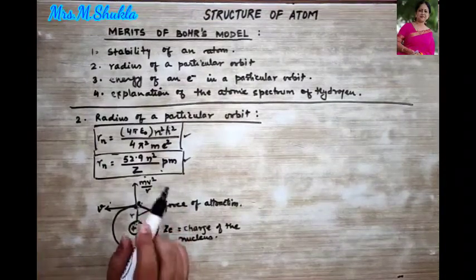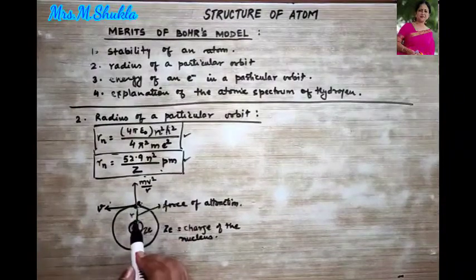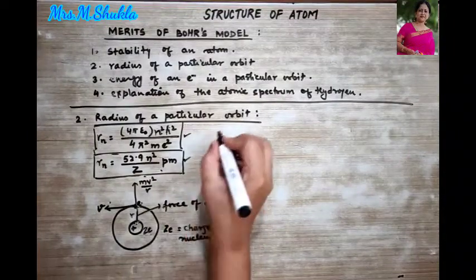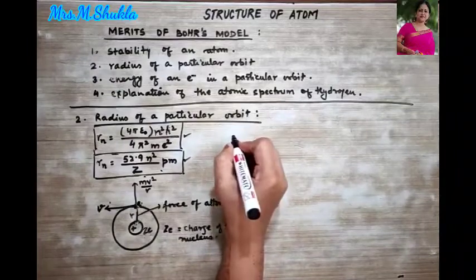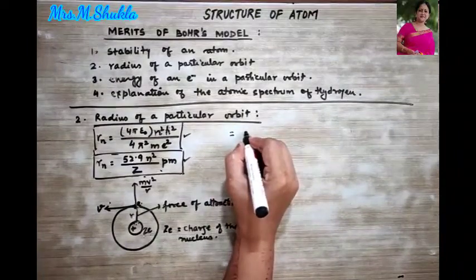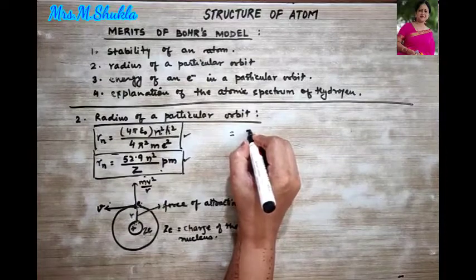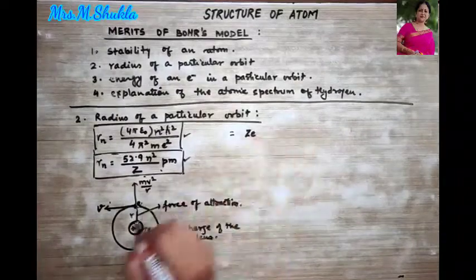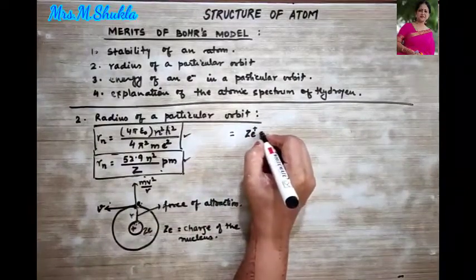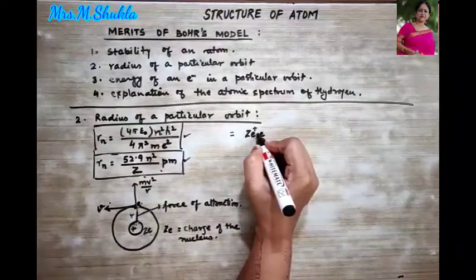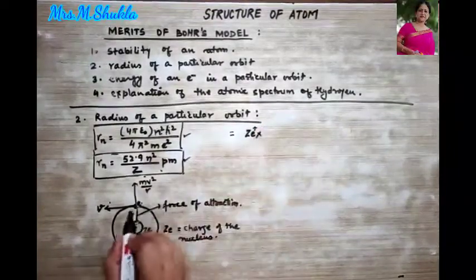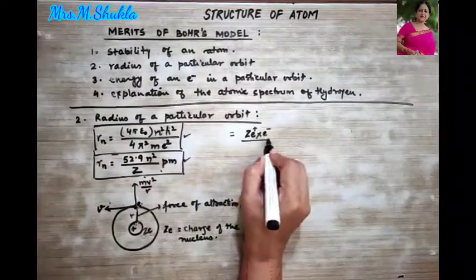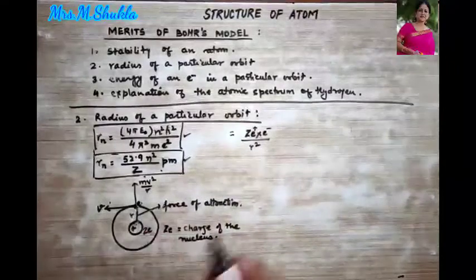Now the electrostatic force of attraction between this nucleus and the electron, if we apply Coulomb's law, will be directly proportional to Ze, because the nucleus is positive, multiplied with the electron which is negatively charged, upon r square, the distance square.